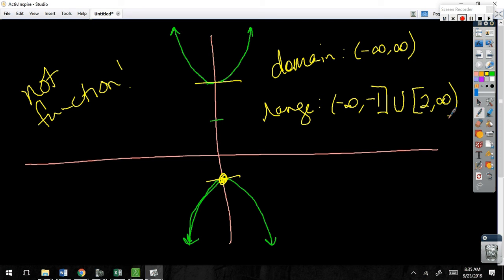If you ever go anywhere on X and there's not a Y that goes with it, then it's restricted. If I come down here, is there ever any place where you couldn't get a Y with your X? So it's negative infinity to infinity.